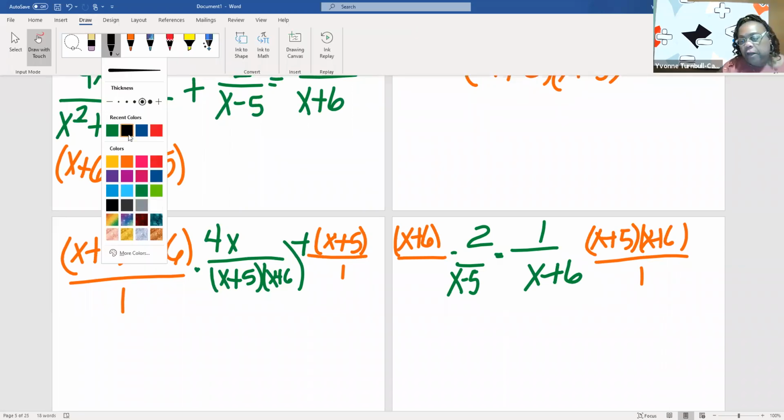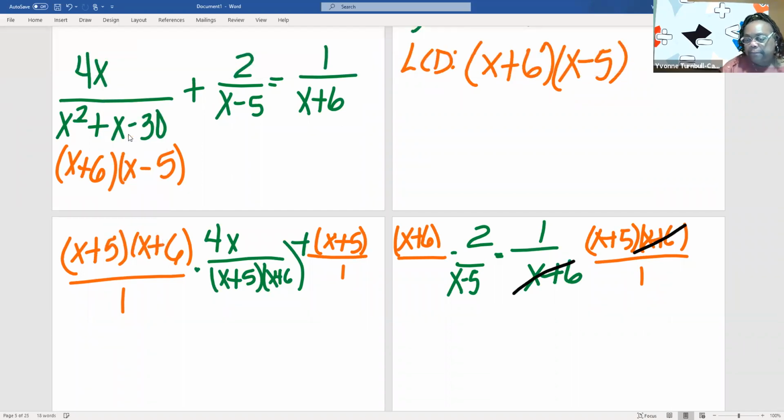Let's start over here. This is going to cancel with that. On the right side of my equal sign, what do I have left that's not crossed out? X minus 5. Now let's go to the middle. Did I write that wrong? Yes, I did. This is a plus.